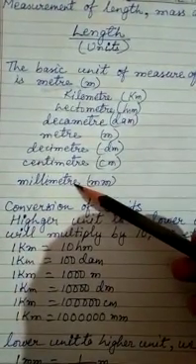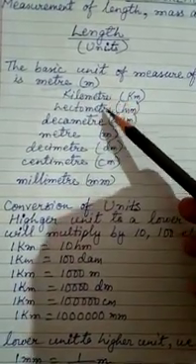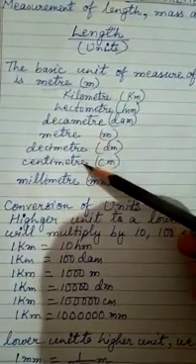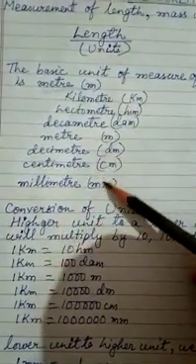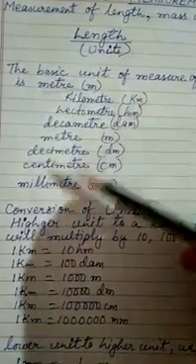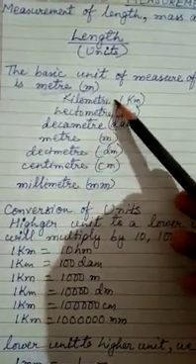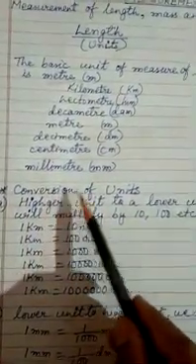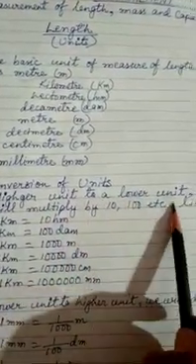So here we will understand how to convert kilometer into hectometer, decameter, meter, decimeter, centimeter or millimeter, that is from bigger to the smaller units or smaller to the bigger units, like millimeter to centimeter, millimeter to decimeter, meter or kilometer or hectometer. So let us start with the conversion of units from a higher unit to a lower unit.